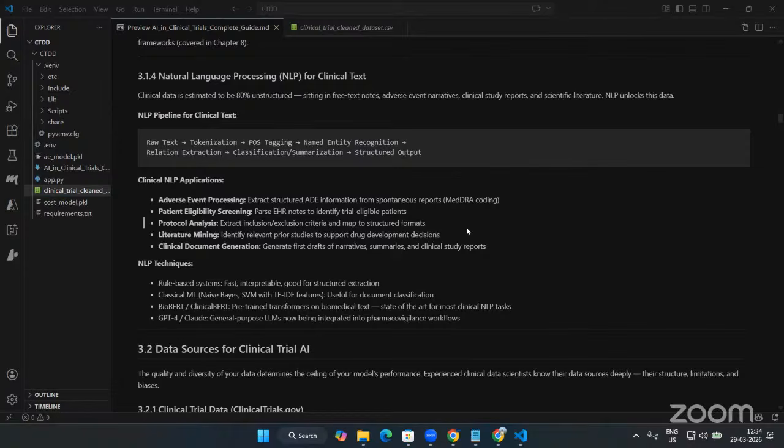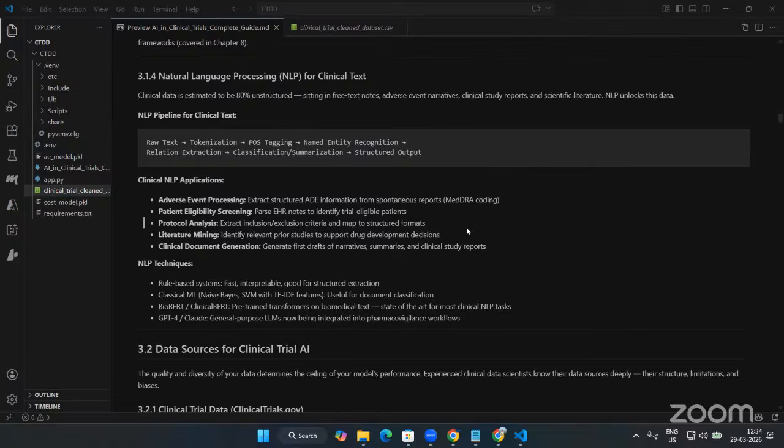Here, NLP unlocks this data. NLP is natural language processing, where human-like conversation is happening.